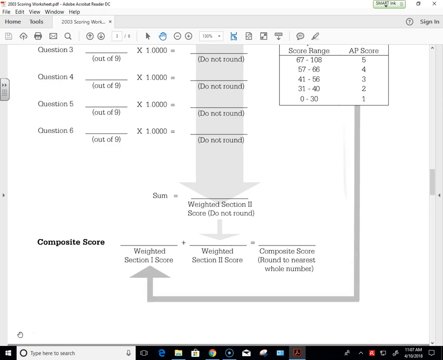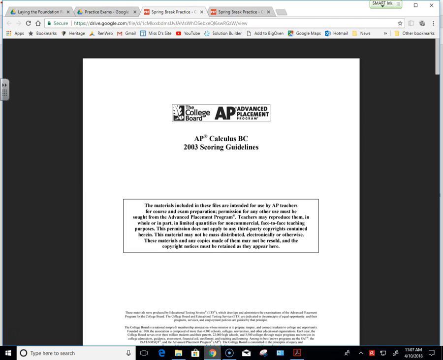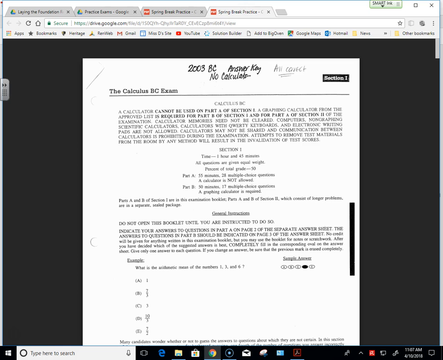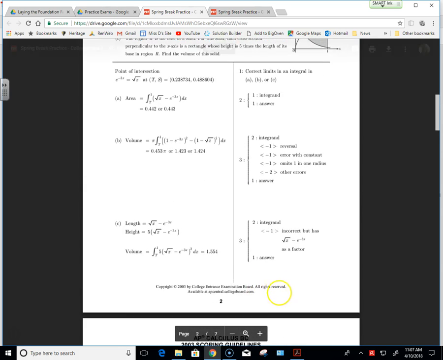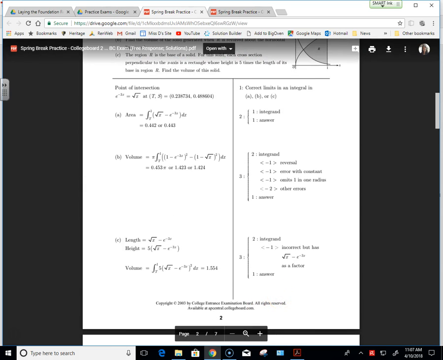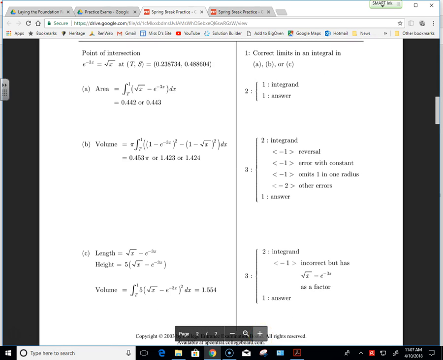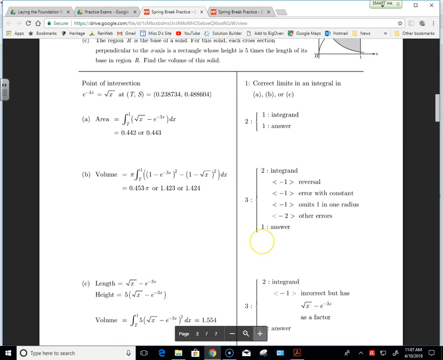Meaning, just a quick example, if I was to go to your FRQs, which are these ones, right? Scoring guidelines. Let's say, here's an example I used with AB. I actually had the same FRQ. This is an AB FRQ, FRQ1. Let's say you got 0.442 or 0.443, but you wrote the integral without a dx.